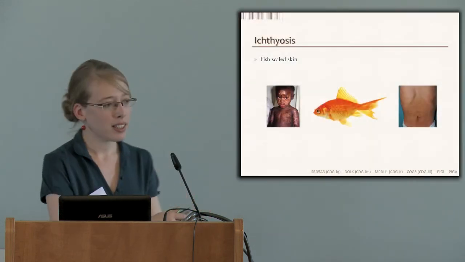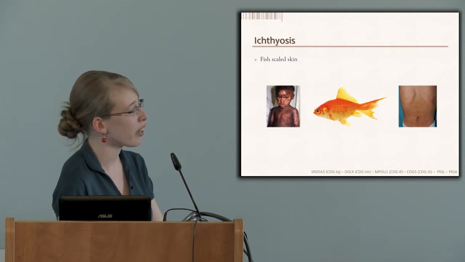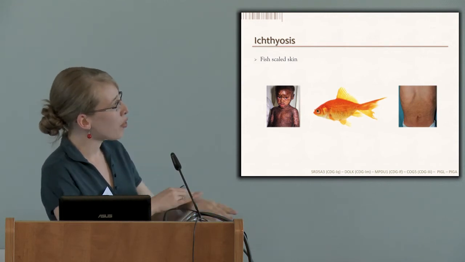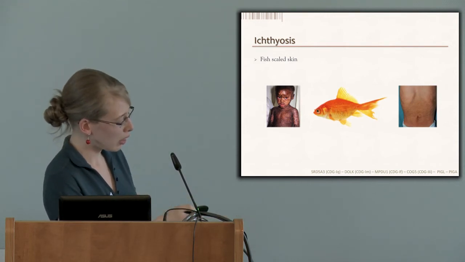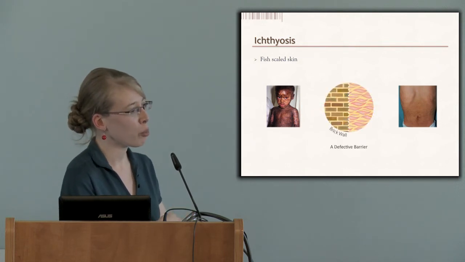Next topic, ichthyosis. Again, a fancy word, and it means that your child has a fish-scaled skin. So we have little scales on top of the skin. This fish-scaled skin occurs because there is a problem in the barrier.